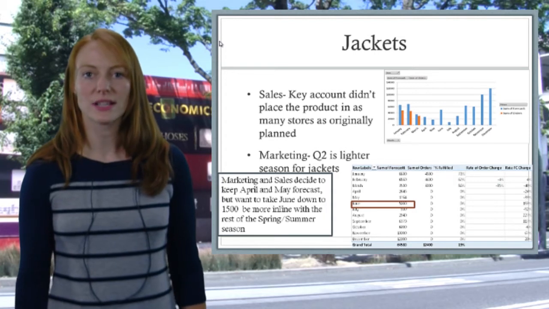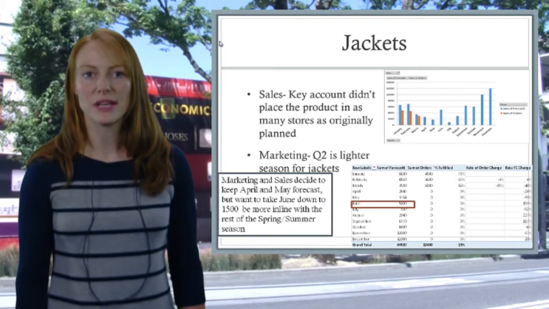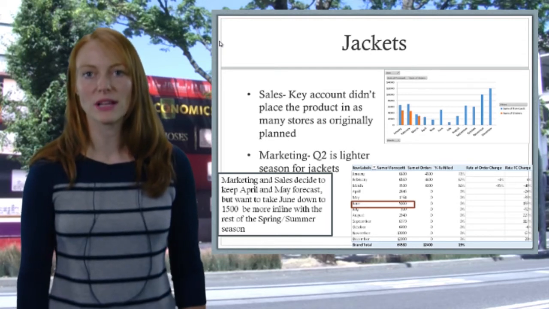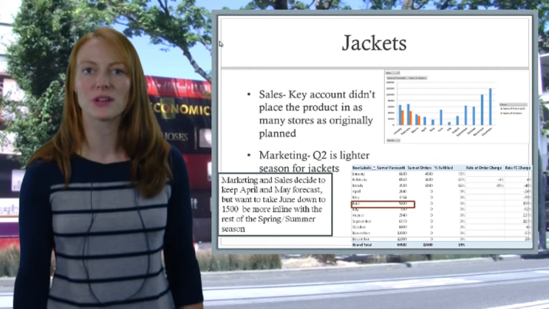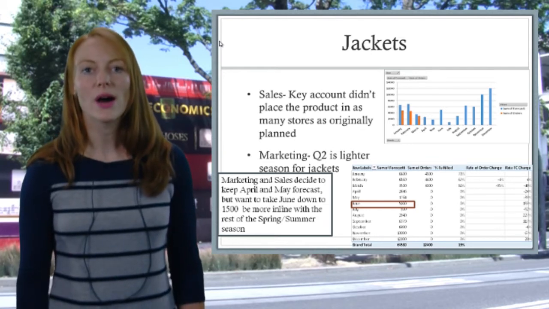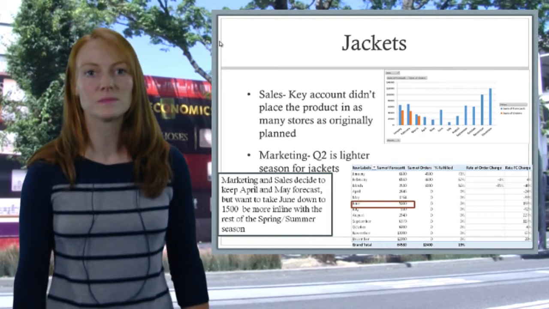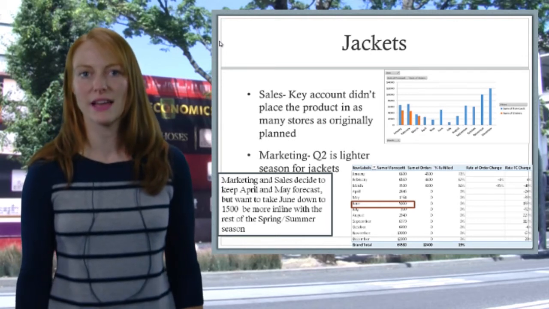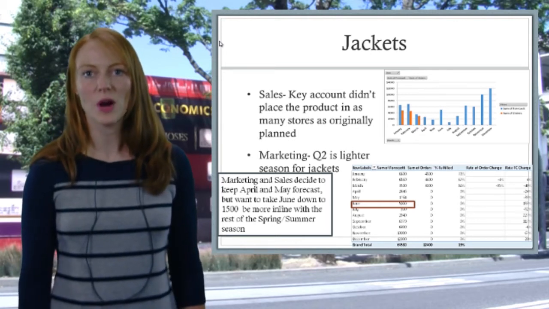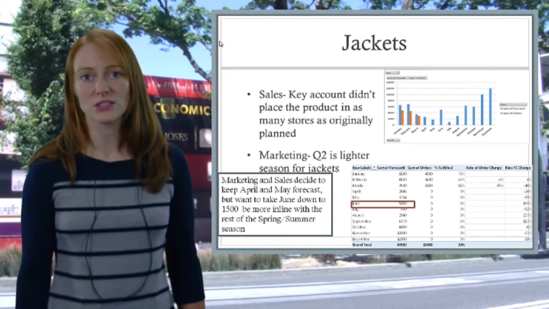When we really talk it out, in this case, we might decide to keep the April and May forecast pretty relative because we already have a good decline coming through with our original forecast. But what we do see when we look out into the end of Q2 is our June forecast is actually relatively high and has a little peak. This probably, based on what we've seen so far, isn't something that's actually going to happen.